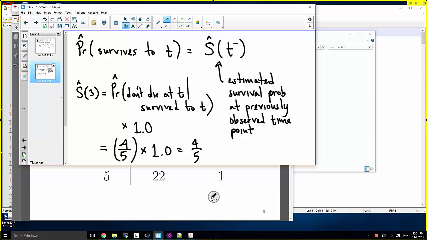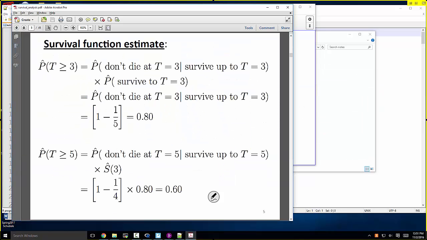My survival probability, the Kaplan-Meier survival probability estimate at time 3, is 4/5, or 0.8. So this top line is spelling out what I was just talking about.